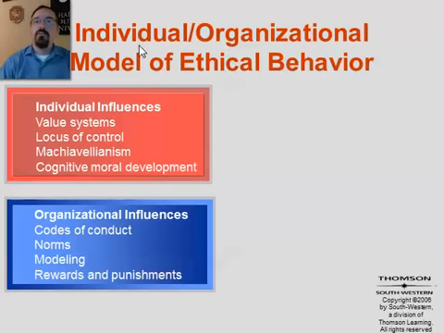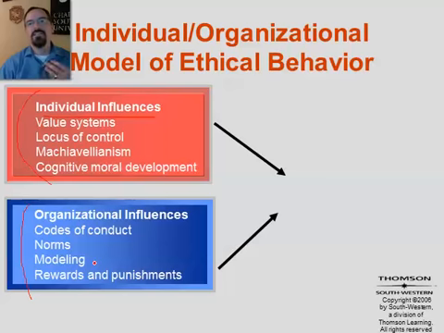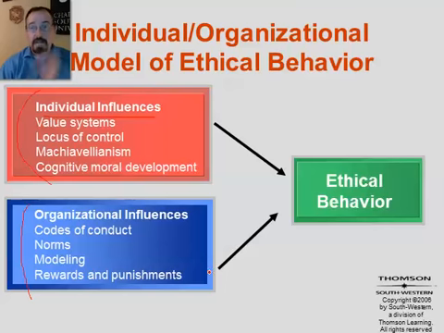Okay. The individual organizational model of ethical behavior is that you have individual influences, such as value systems, locus of control, Machiavellianism, and cognitive moral development, and you also have organizational influences that both fill and spill into what is considered ethical behavior. But I would say this is inadequate by itself.